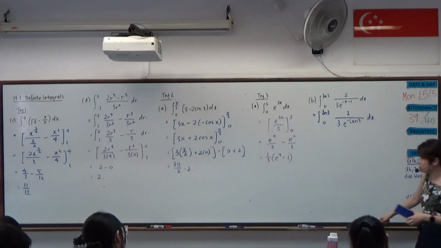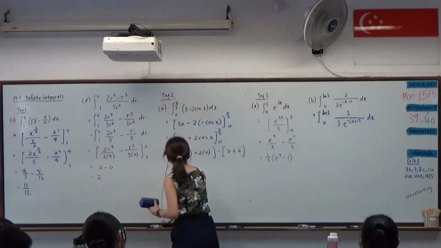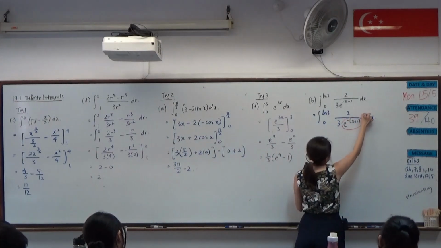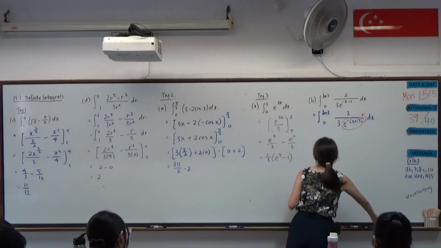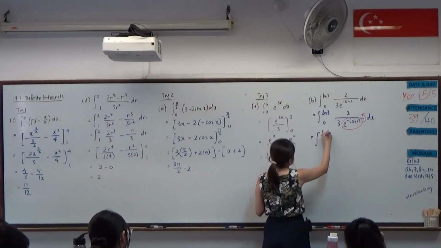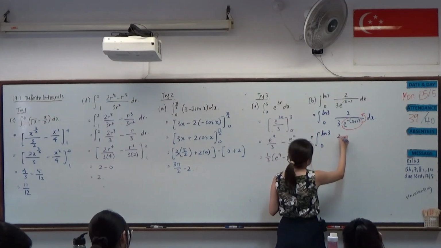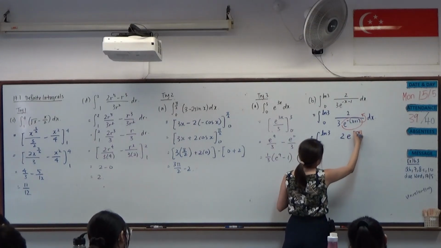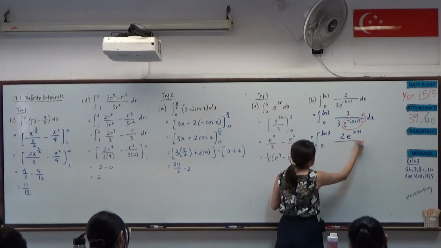Then because of the negative power, we can bring the e function up into the numerator. So we have 2e to the power of x plus 1 over 3.